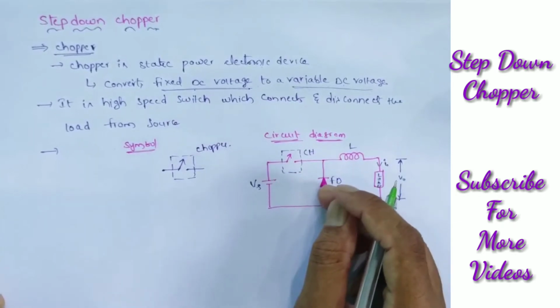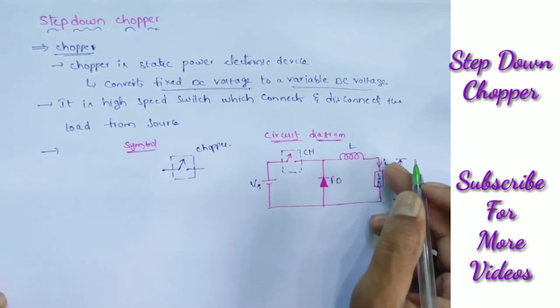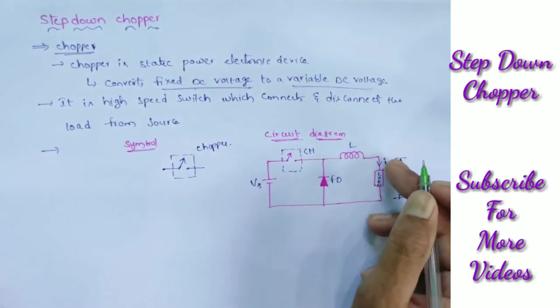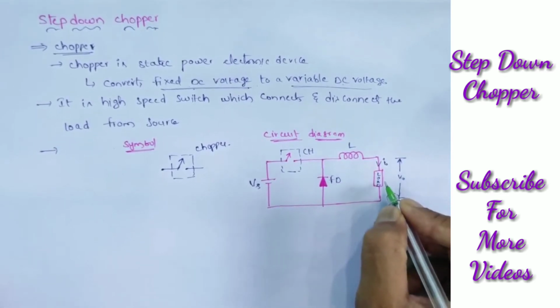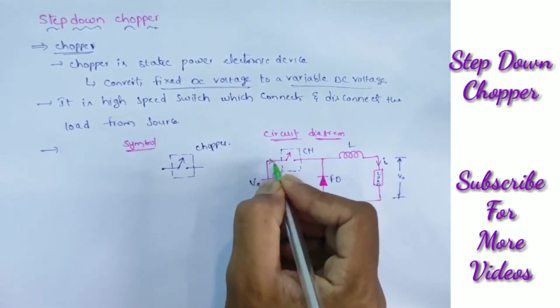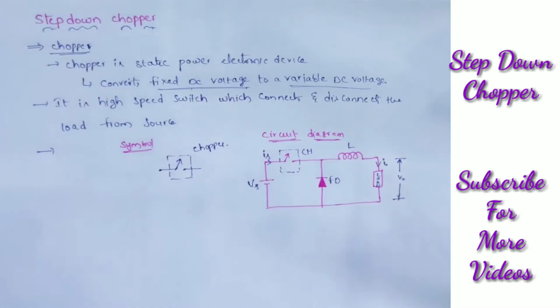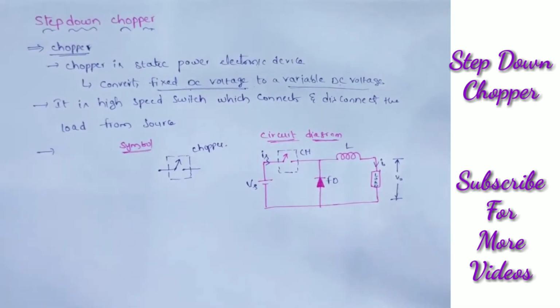FD is the freewheeling diode. L is the inductor. I naught is the output or load current. V naught is the output voltage or load voltage. Here we have Is as supply current. This is the circuit diagram of step down chopper.